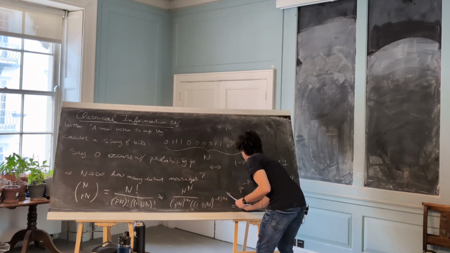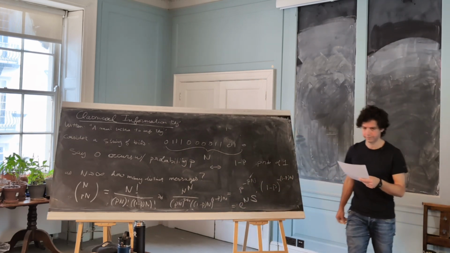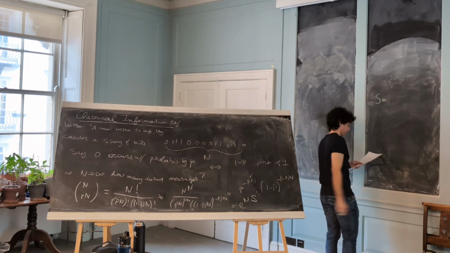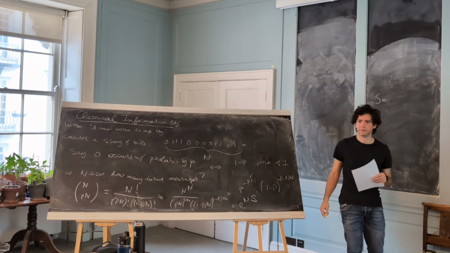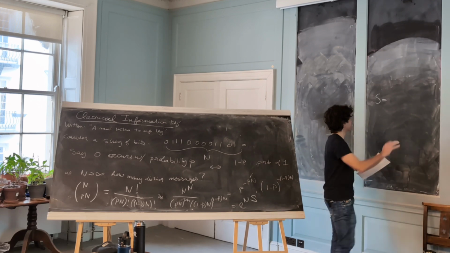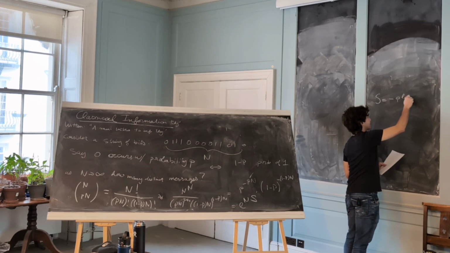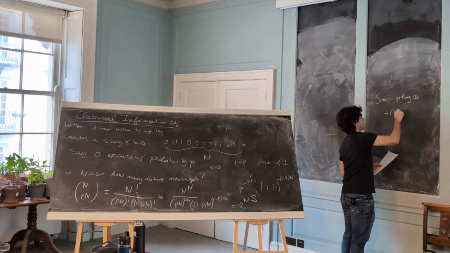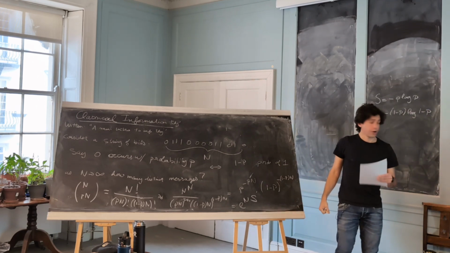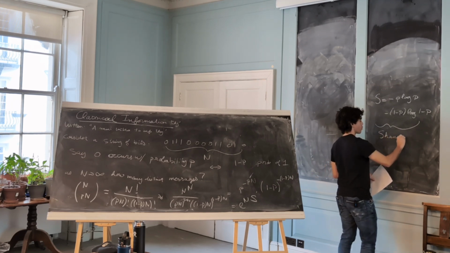Which I can write as e to the n times some quantity s. What is that s? Can anybody tell me what s is? That's just more explicit. Very good. So indeed, this is what we call the Shannon entropy, after Claude Shannon.